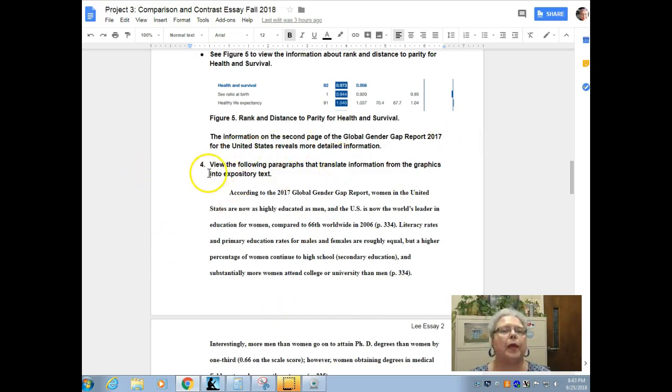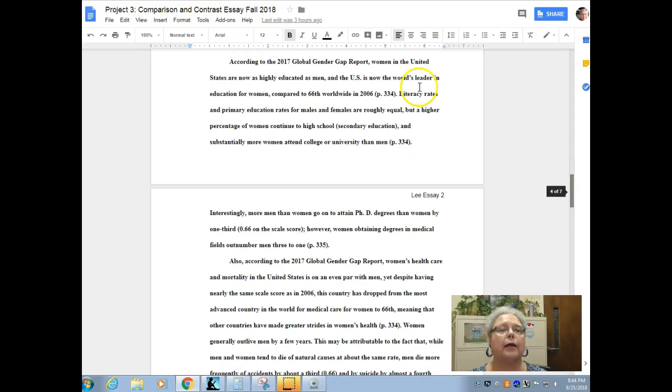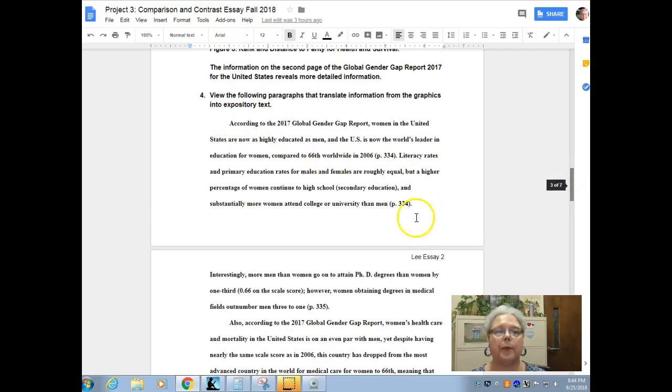Okay, so view the following paragraphs that translate all of this information we've been looking at. Your assignment is going to be to write it in paragraph form, so in expository paragraphs. So here is each one of them.